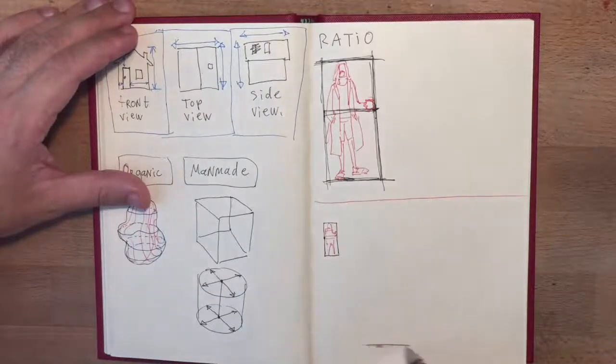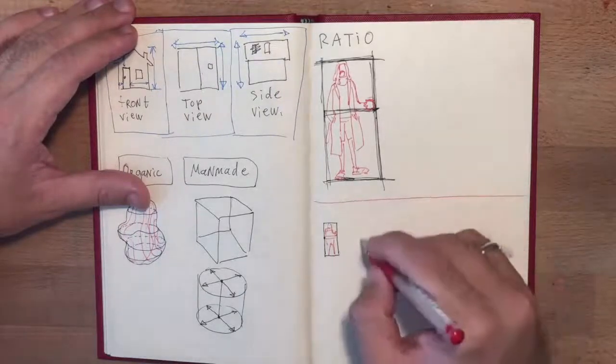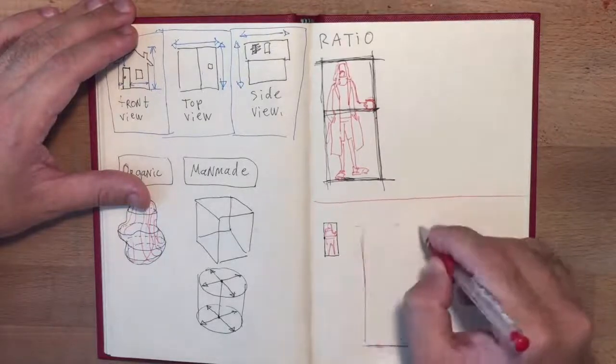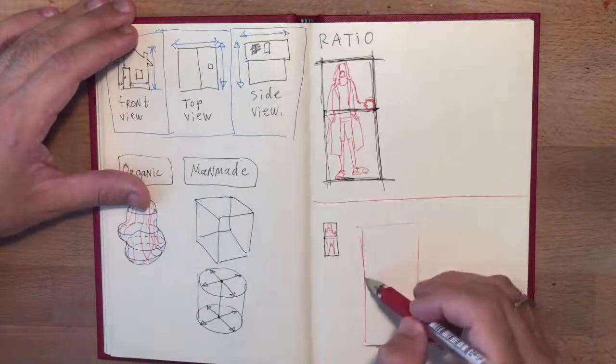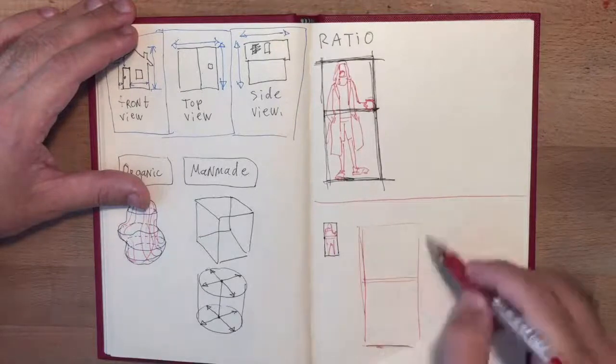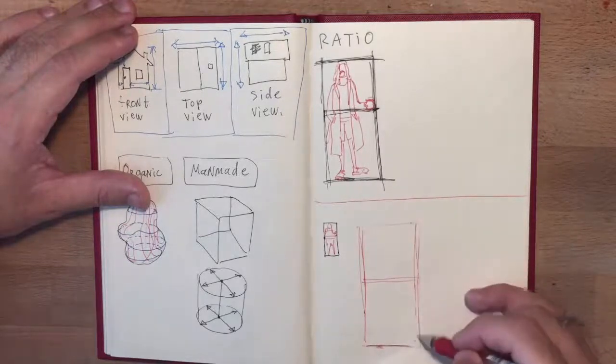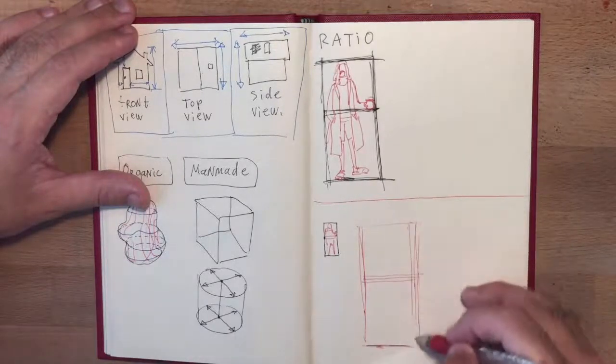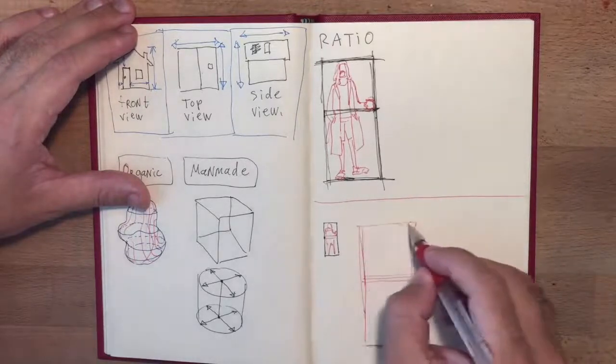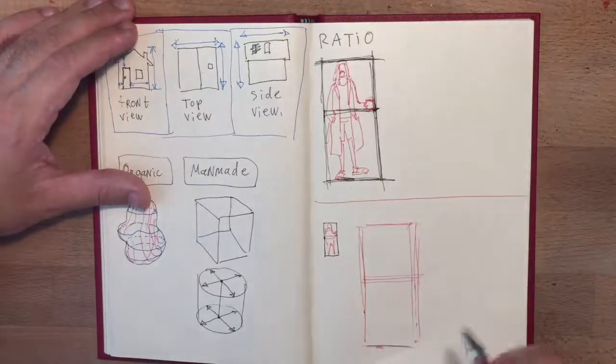Better use the red one. Okay. So I have this ratio kind of here.